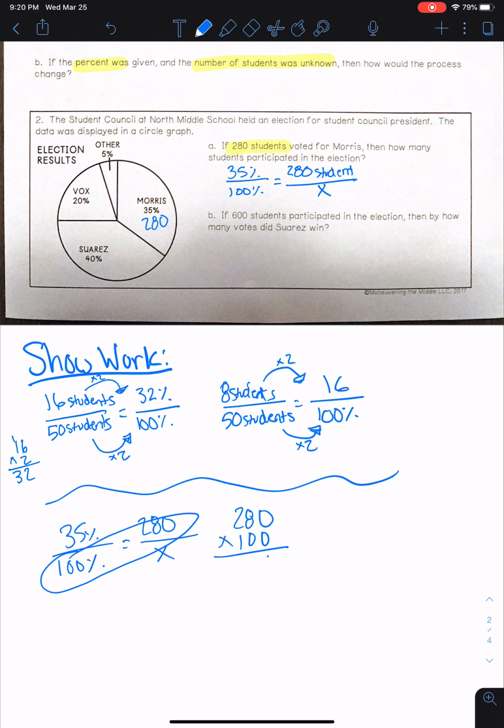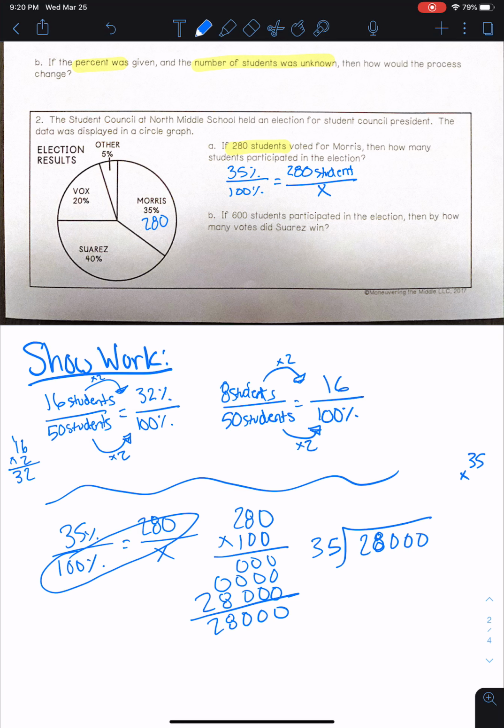So I'm going to cross multiply 280 times 100. And then I need to divide by 35. I'm not sure how many times 35 goes into 280, so I'm going to take a guess, and I'm going to say 8 times. 8 times 5 is 40, and 8 times 3 is 24 plus 4 is 28.